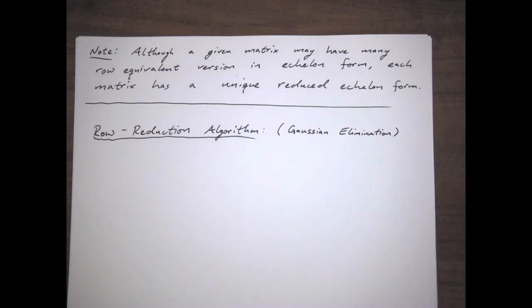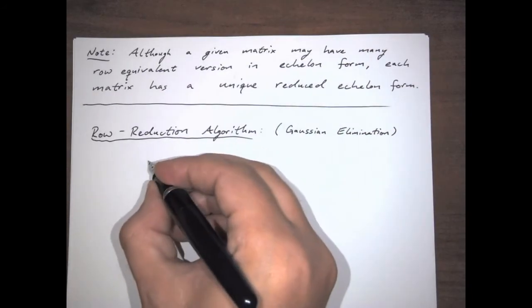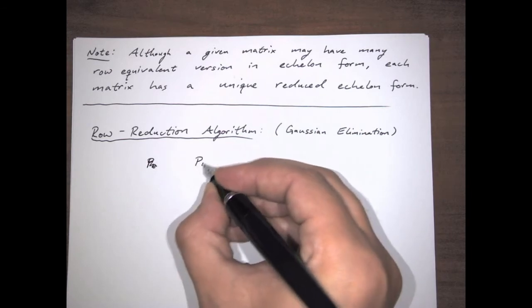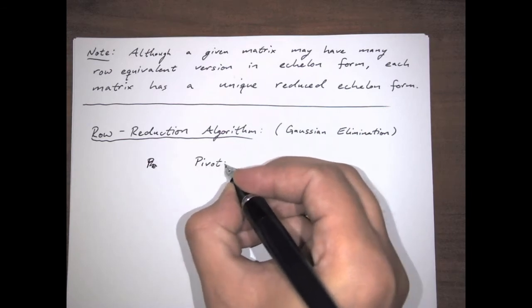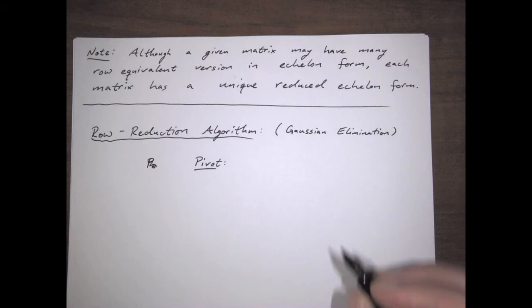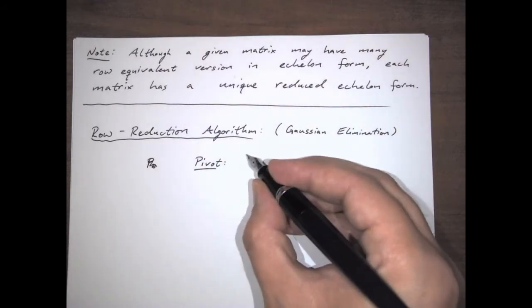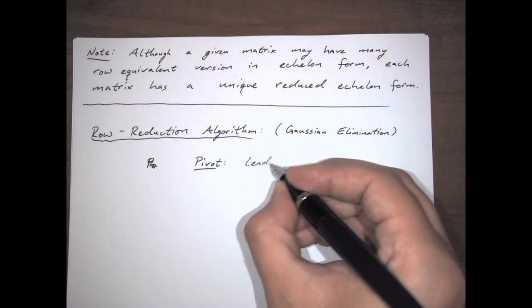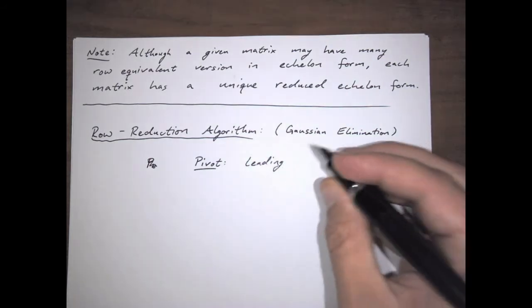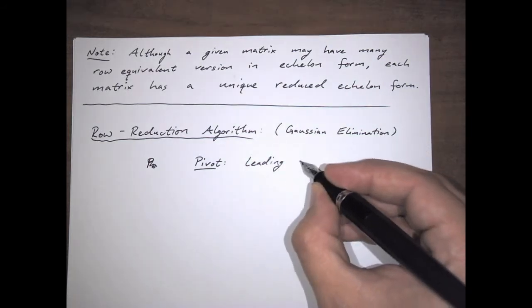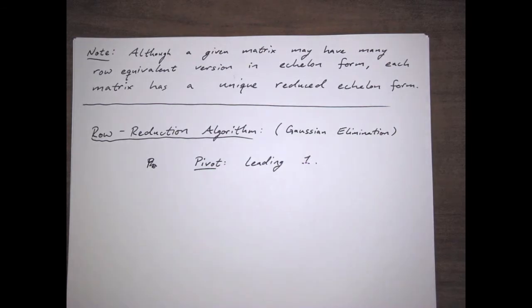But anyway, so here are some of the things that we need to define. So first off, pivot. So pivot is what we're going to use to refer to a leading one. So a leading one or leading entry may not start off as a one, but eventually it will end up one.